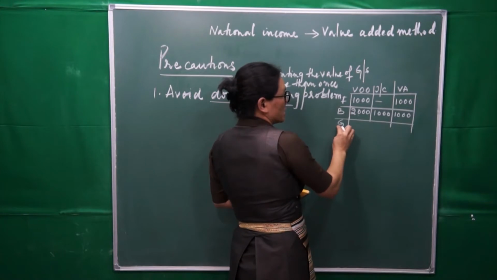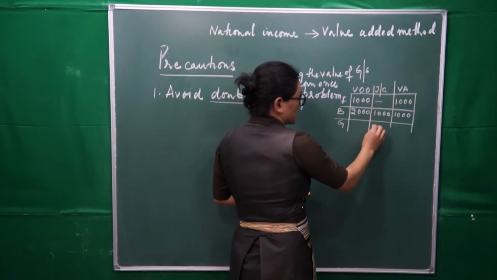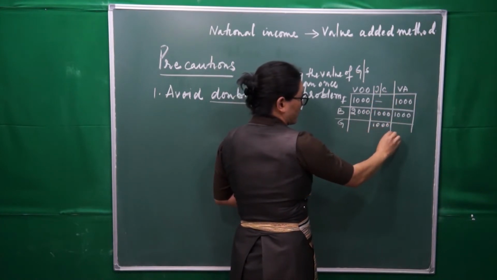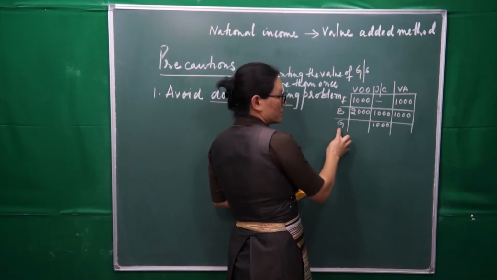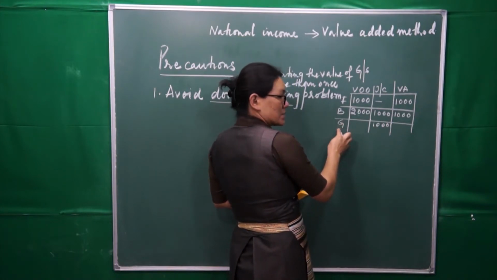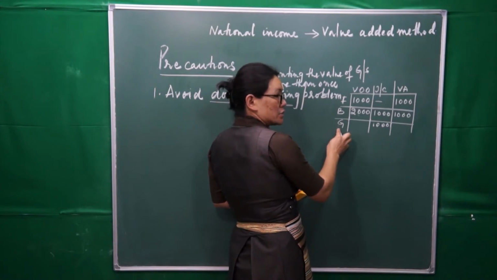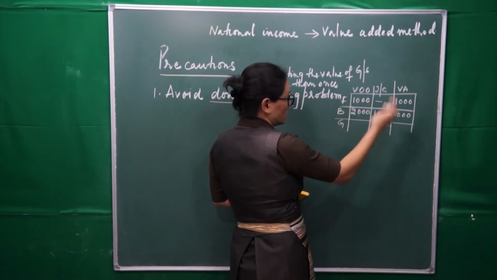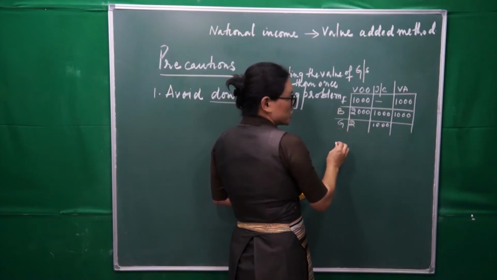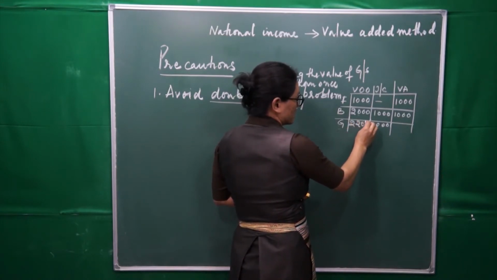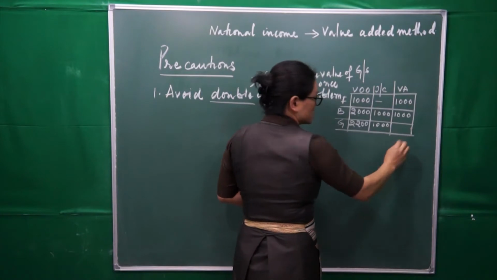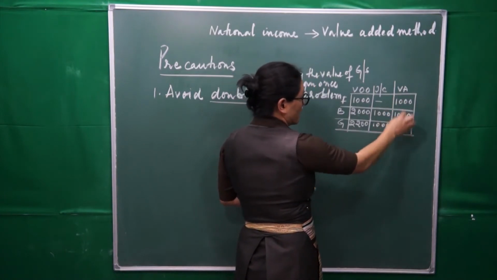And the grocer's intermediate consumption is this much. And what the grocer has done is he has put his services and made it into a final good and sold it to the consumer by charging this much price. This much we have seen. So what will be the value addition here?